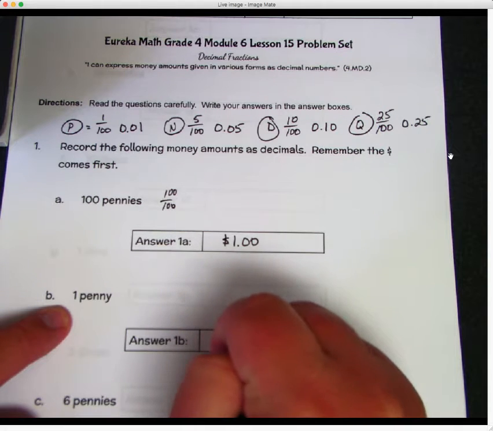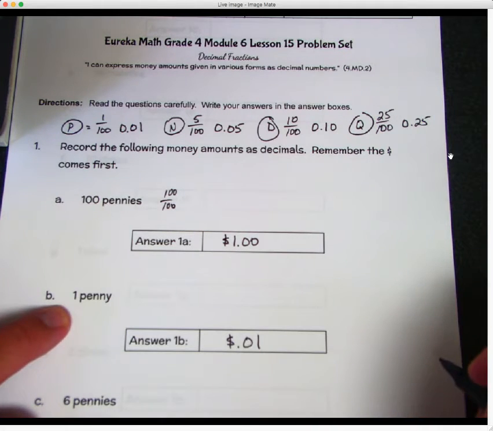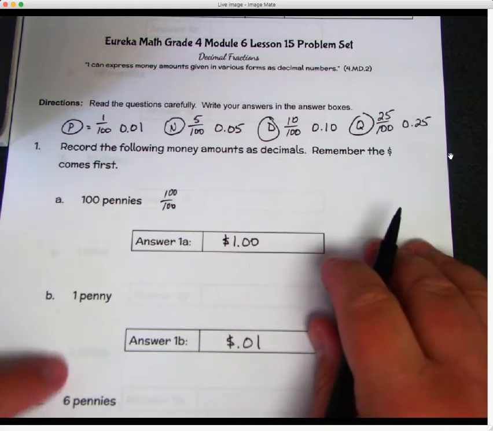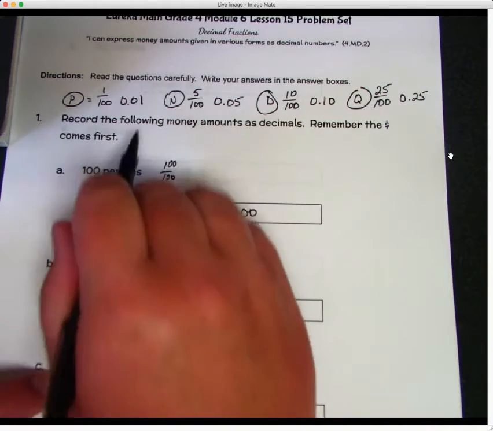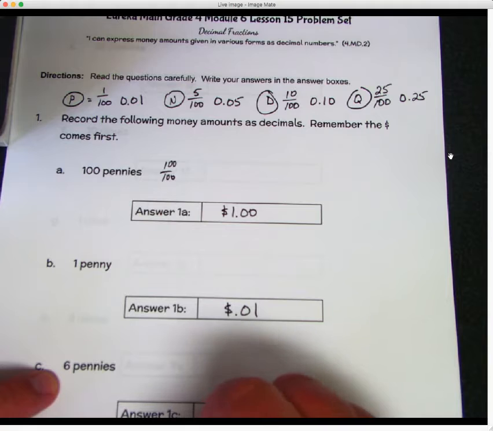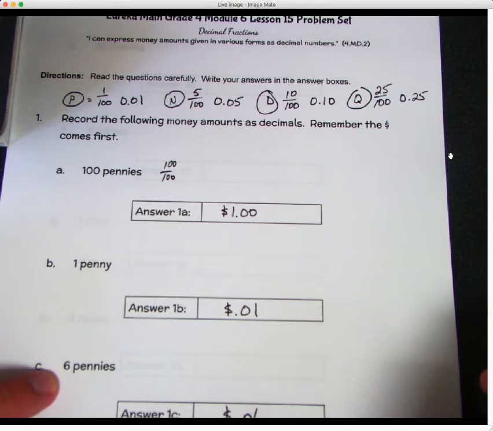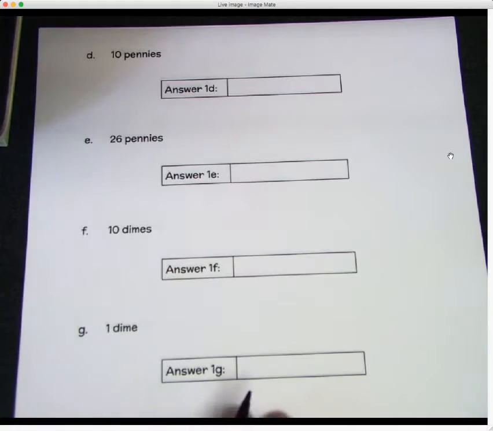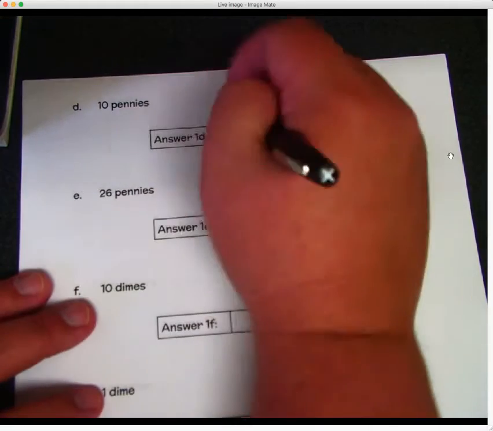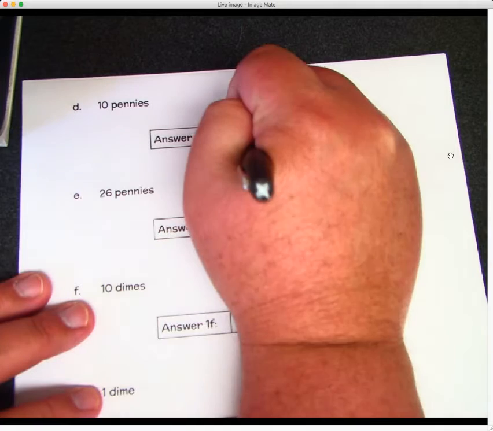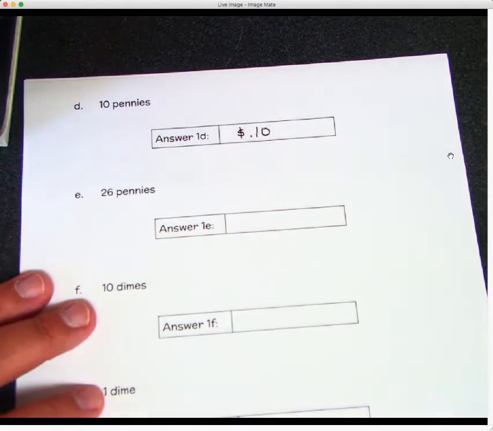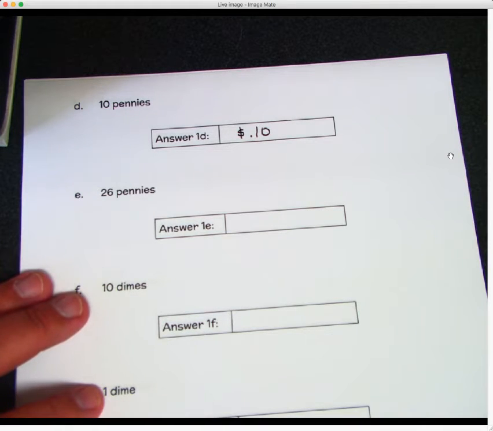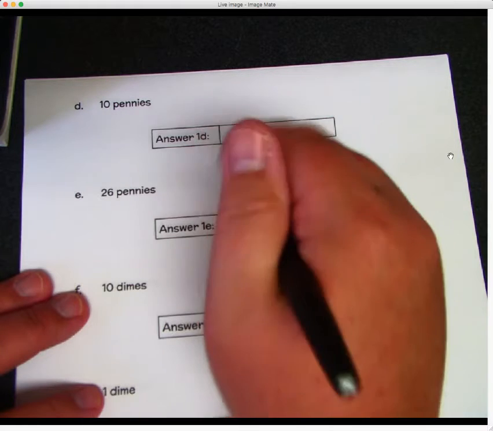It's worth 1 cent. 6 pennies. We're just going to put a 6 where that 1 is. 6 pennies is worth 6/100ths. Okay. 10 pennies would be that, 10 cents. 26 pennies would be 26 cents.